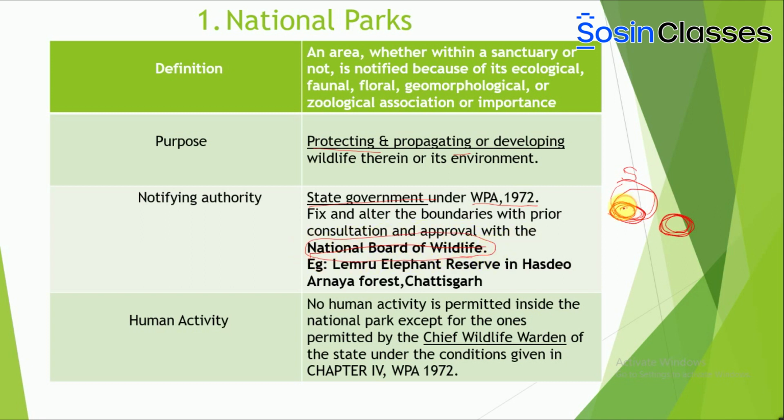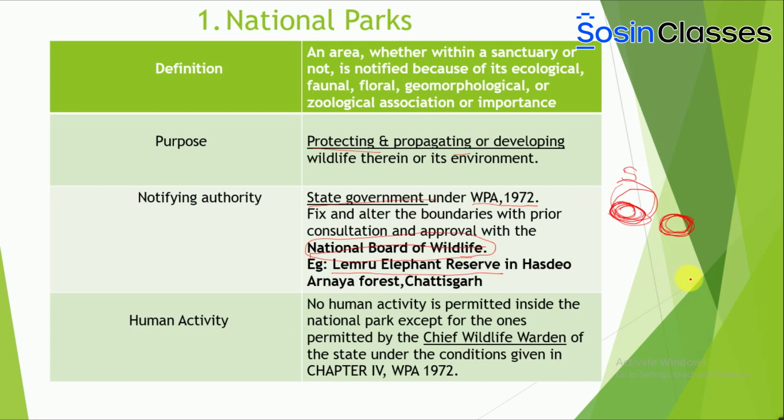What is this altering and fixing the boundaries? Why is it necessary? Let's take a case. For example, in recent times, the Chhattisgarh government has appealed to the Supreme Court to reduce the area of Lemru Elephant Reserve, which is a part of Hasdeo Aranya Forest. Why does the Chhattisgarh government want to reduce the area of this elephant reserve?